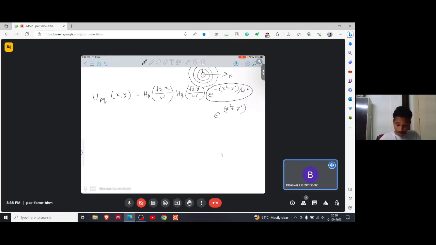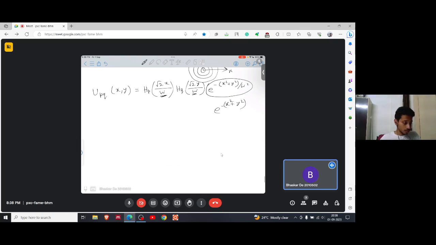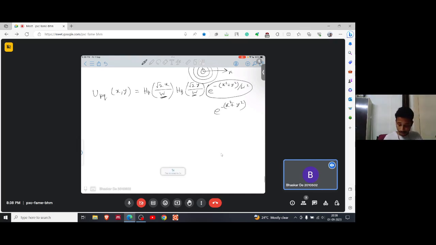Also here x and y are symmetric, that's why only one kind of w is there. This w is known as the beam waist, and H_p and H_q are Hermite polynomials.